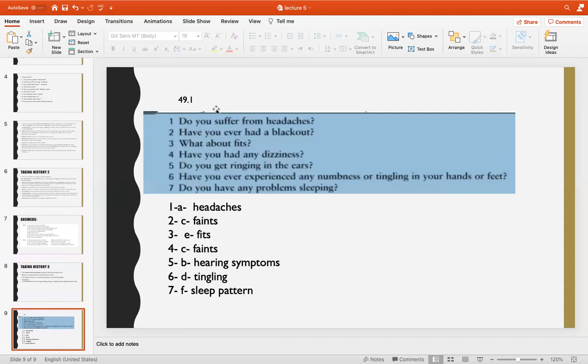For example, for headache, do you suffer from headaches?